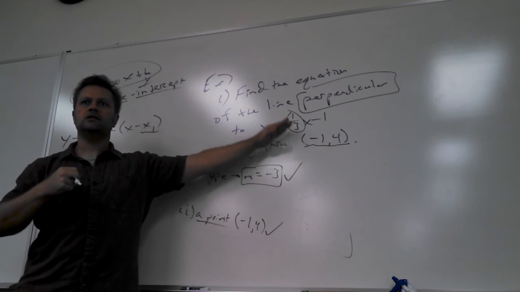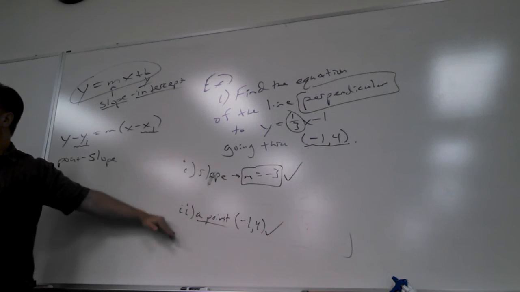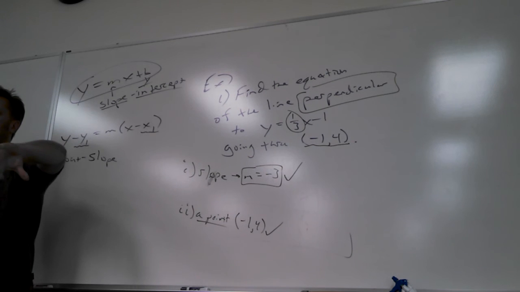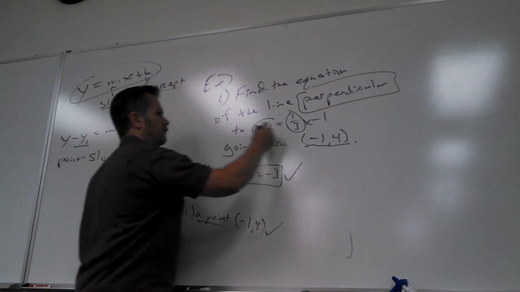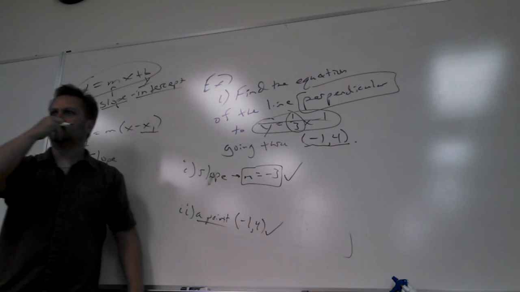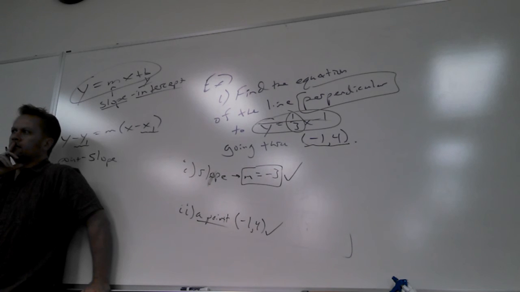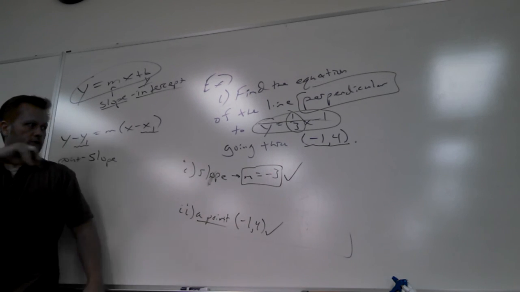These are 2 pieces of information. Why did they give me 2 pieces of information? Because I need 2 pieces of information. They're separate from each other. You guys see that? The only thing I use this guy for is to get his slope, and then I throw him away. Right? Not a good life philosophy, but it works for math. I'm done with you. Get away.